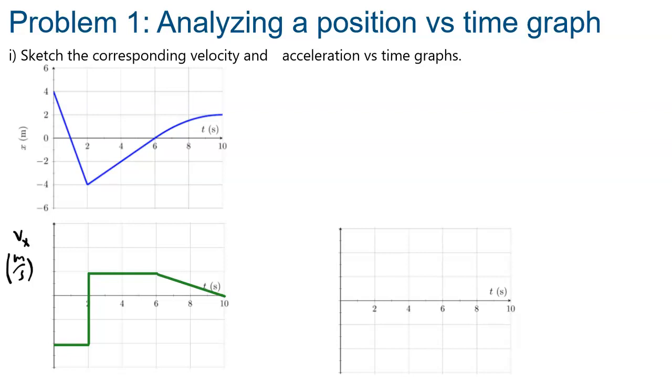So let's look at this graph. So the acceleration versus time we know will be in meters per second squared. And the velocity is constant between 0 and 2 seconds, and it's constant between 2 and 6 seconds as well. So what we would expect is just a constant line going from 0 to 6.